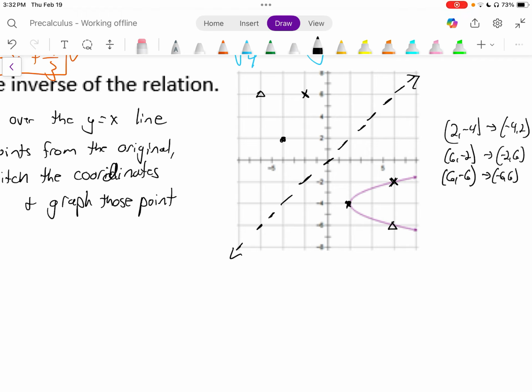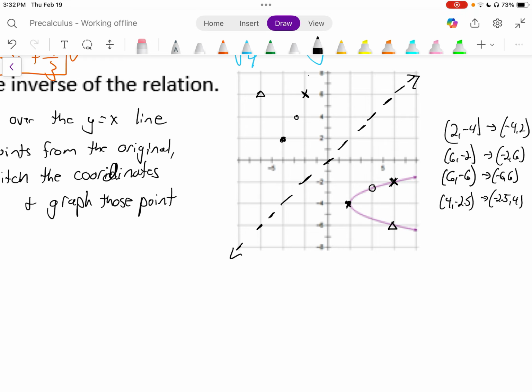If you needed a couple other ones, you could try to take a guess what that is. That looks like it's 4, -2.5. So we would want -2.5, 4. So -2.5, 4 would be about there.